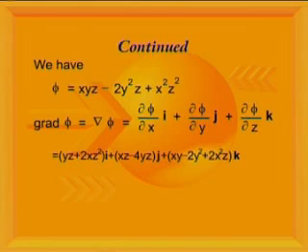Applying this, grad phi is a vector quantity whose ith component is yz plus 2xz square, the jth component is xz minus 4yz, and the kth component is xy minus 2y square plus 2x square z.